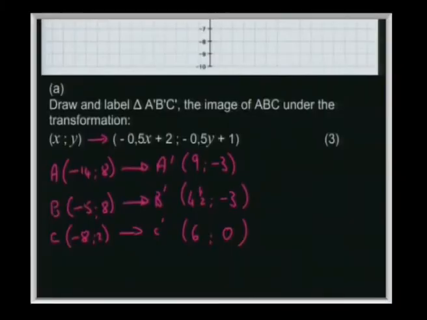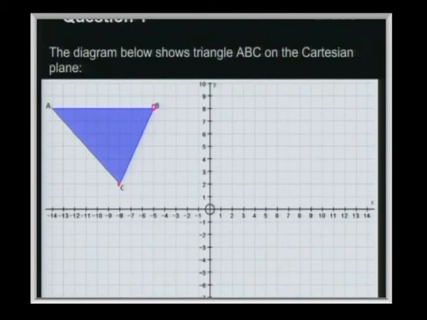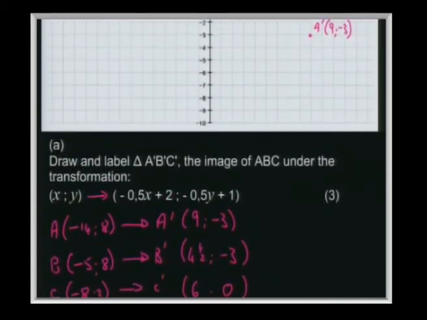Right, A dash, 9, negative 3. So over there is A dash. And that is at 9, negative 3. Let's look for our next point. B dash was 4.5, negative 3.